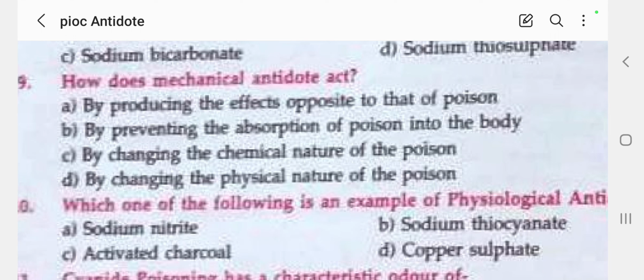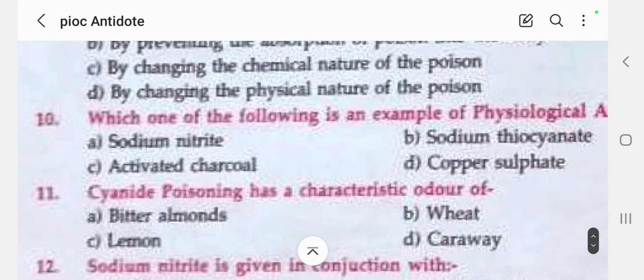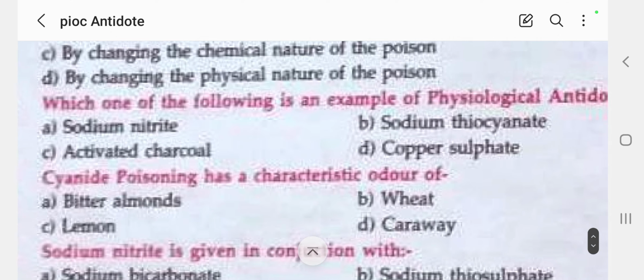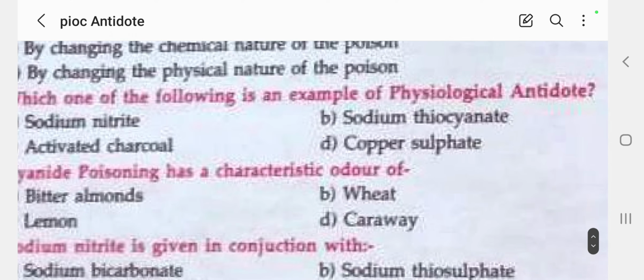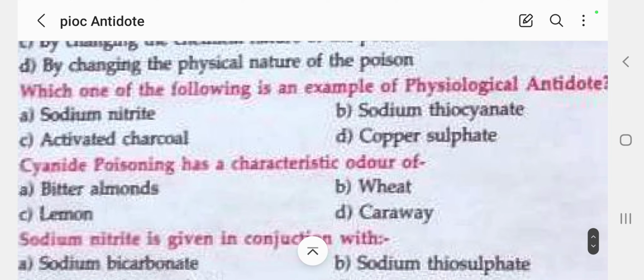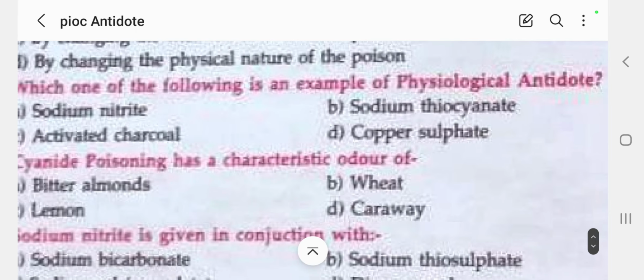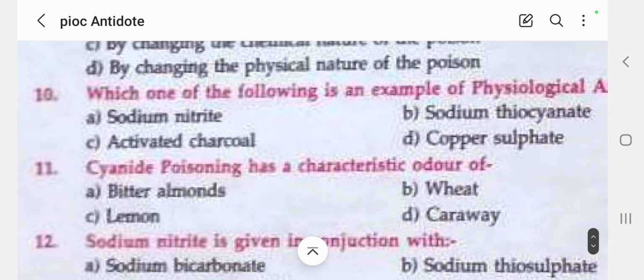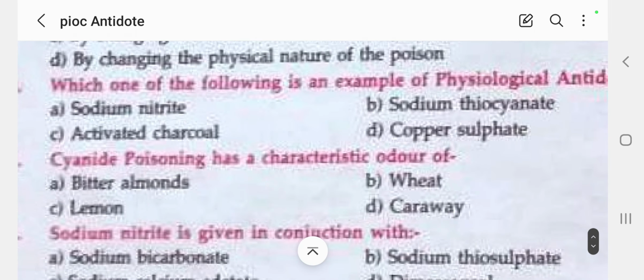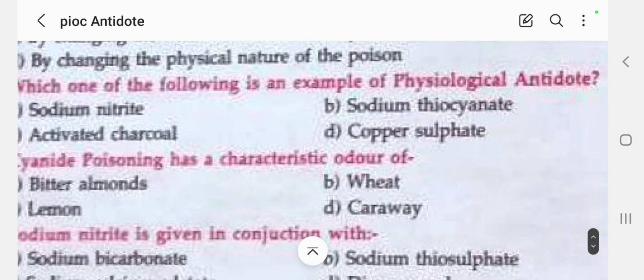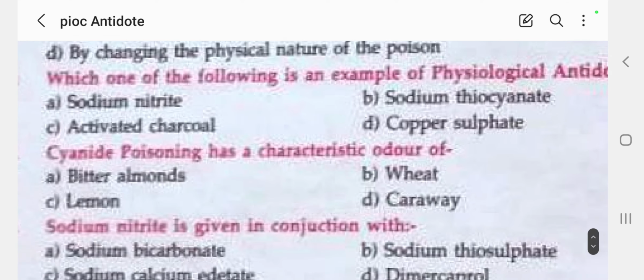Okay, so next we'll go for the 10th question. Which one of the following is an example of a physiological antidote? I told you, sodium nitrite. Cyanide poisoning has a characteristic odor of bitter almond.